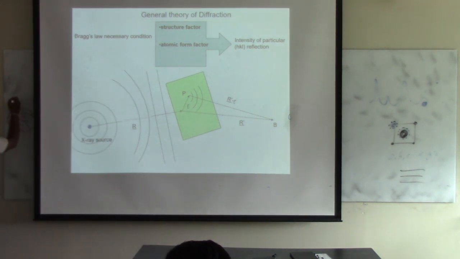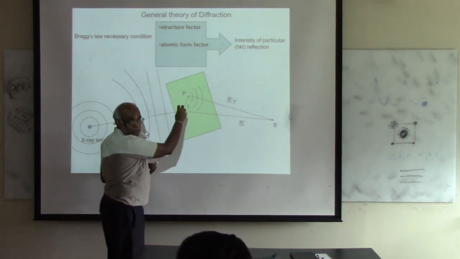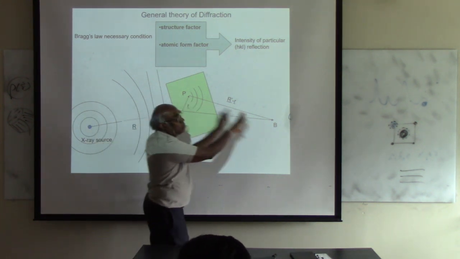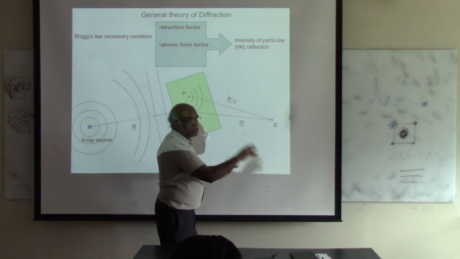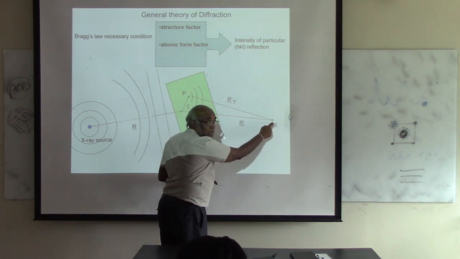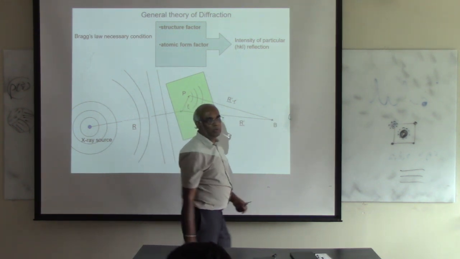We define something called the charge density, rho of r. That rho of r can be different at different positions, right? That rho of r is going to determine how they are going to be scattered. Eventually what you want to calculate is the intensity of that scattered light at this point. That's all we are going to do.